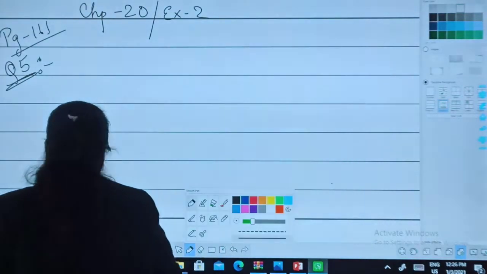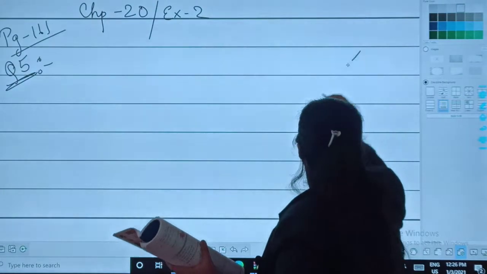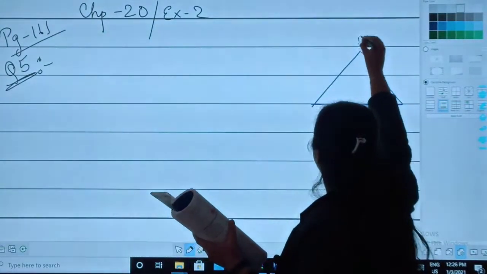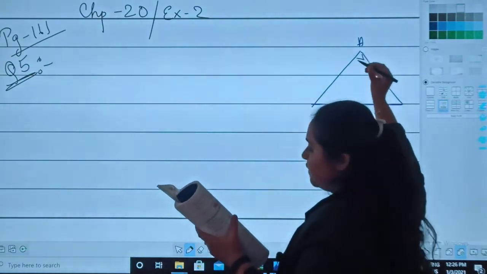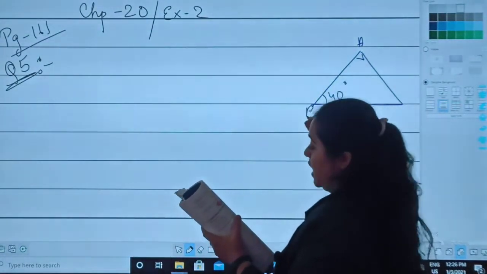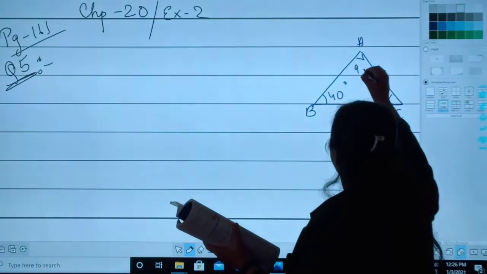Let's start it. In first triangle, I am drawing your graph, okay? The angle A is 90 degree. This is 40 degree, angle B. And angle C we are supposed to find.